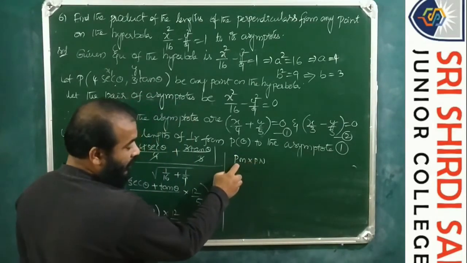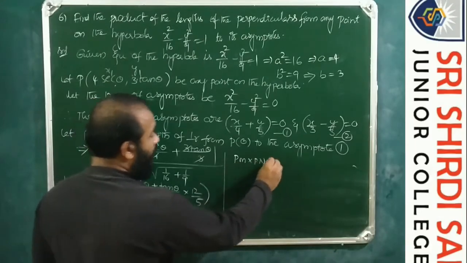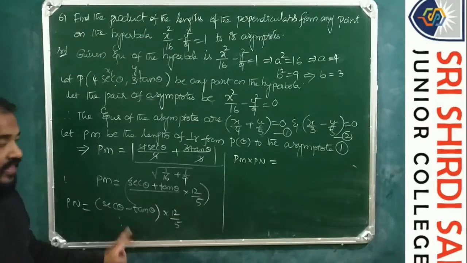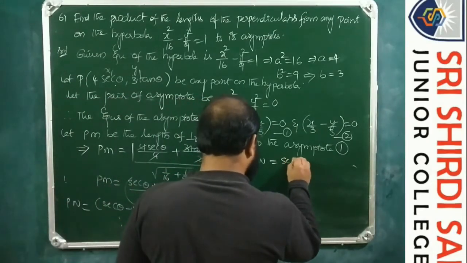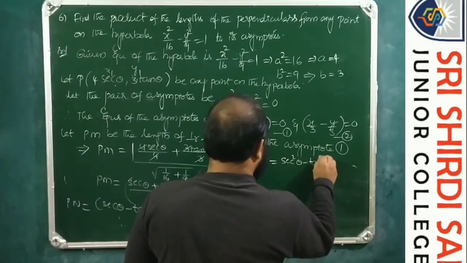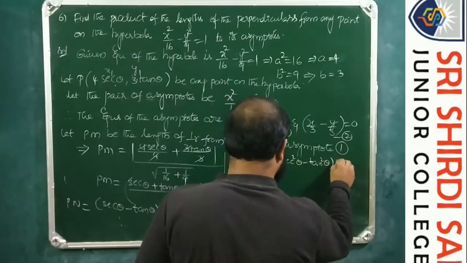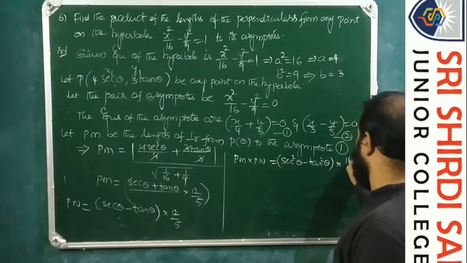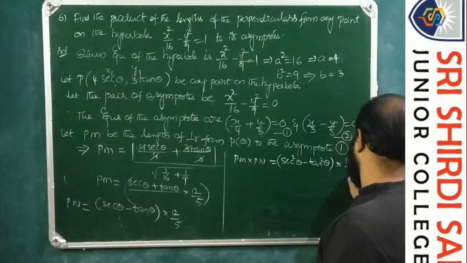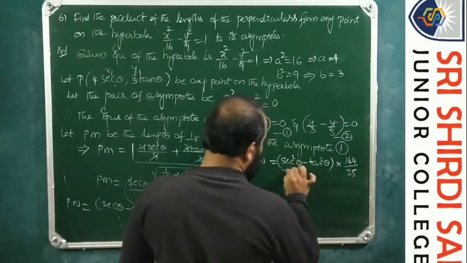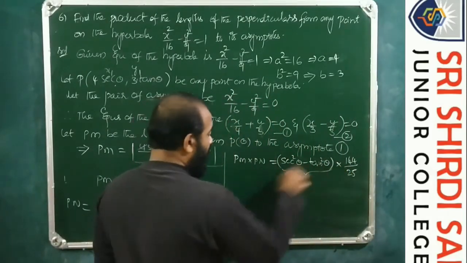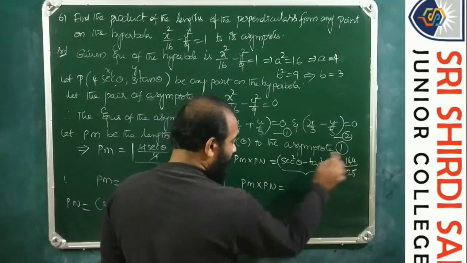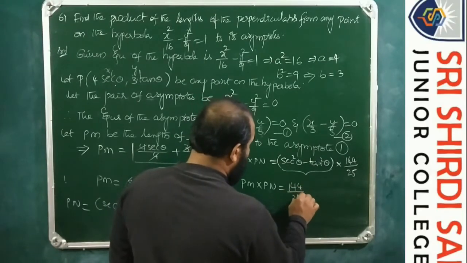So this is equal to secant theta plus tan theta into secant theta minus tan theta, which is secant square theta minus tan square theta, into 12 by 5 into 12 by 5. 12 12s are 144, 5 5s are 25. Secant square theta minus tan square theta is 1. So Pm into Pn is equal to 1 into 144 by 25, which is 144 by 25.